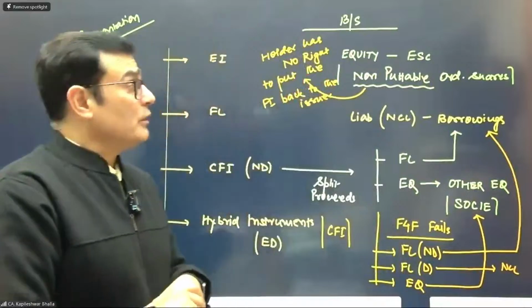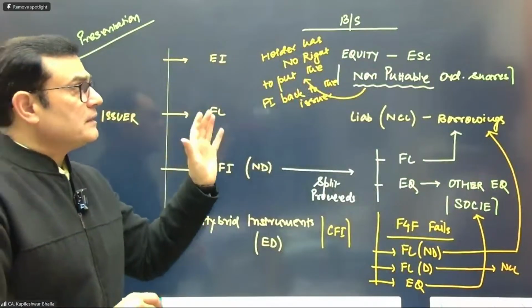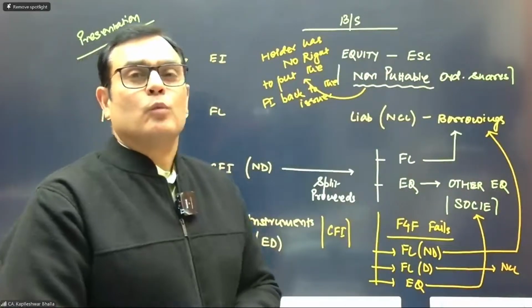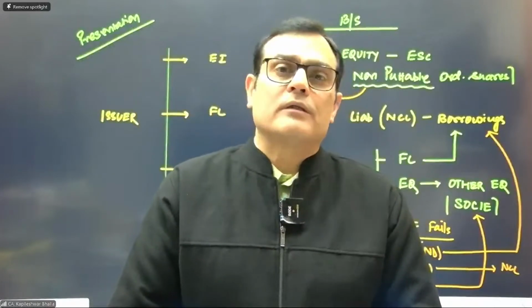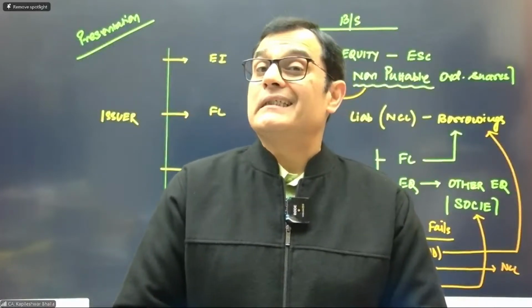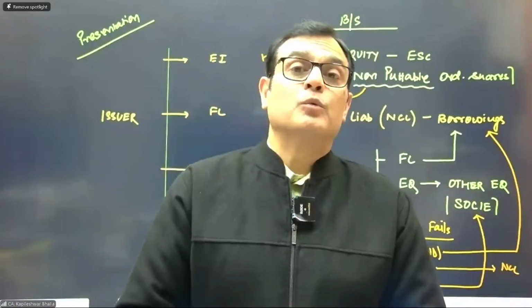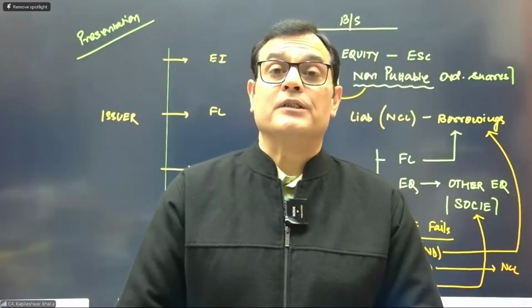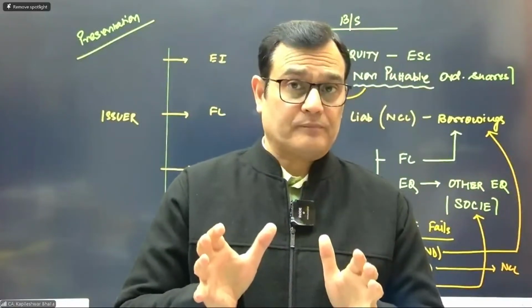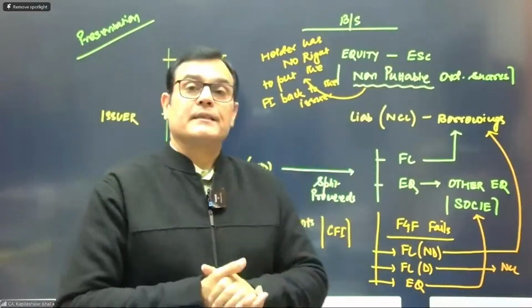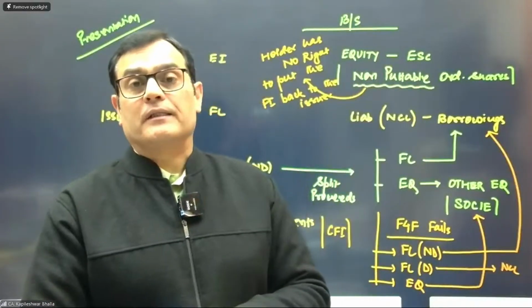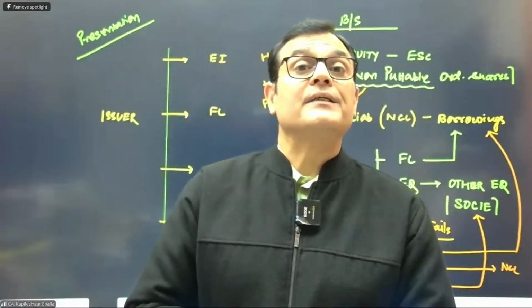Now, when you are looking at equity instruments, let me make it very clear that it is the ordinary shares of the company, the equity shares, which are going to become an equity instrument. But caution: the ordinary or equity shares of the company are basically of two categories.